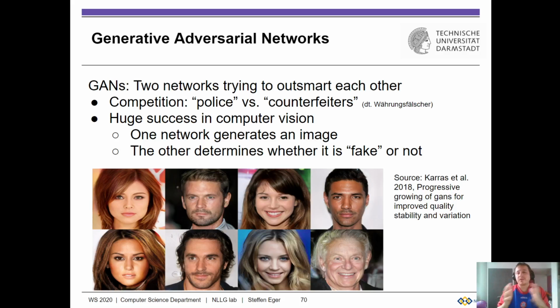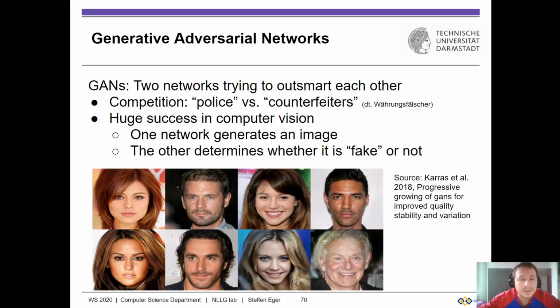So the better the police is at detecting that this currency is fake, the better the counterfeiters have to get. So the counterfeiters make more and more effort to fool the police into believing that this is a real image or a real object, and the police tries to detect this.